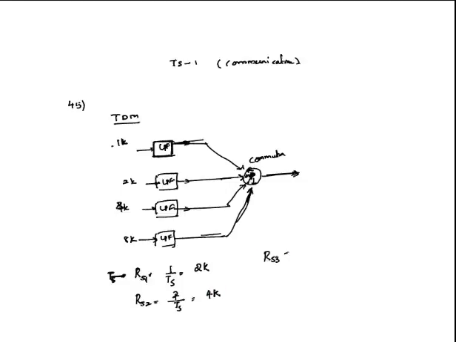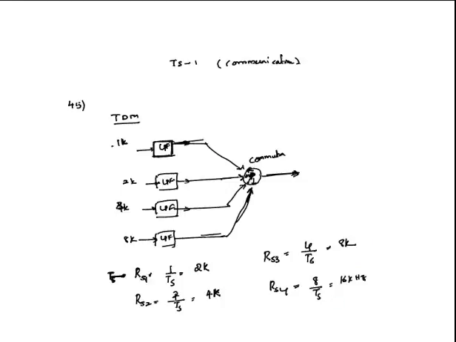Similarly for Rs3, since it is 4 times, you will have 4 by Ts, which in this case is 8 kHz, and Rs4 is 8 by Ts, hence it is 16 kHz. So this is the sampling rate for each of these channels.